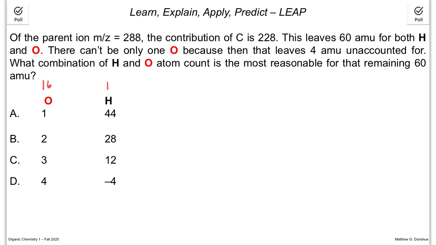So in terms of the ratios, what would make sense? Let me just kick this off by saying we have to get to 60. If we had 1 oxygen, that would be 16 mass units. We'd then have to have 44 hydrogens. So 16 plus 44 is 60. But this is wrong, right? Because the maximum number of hydrogens is 40. So that makes no sense.